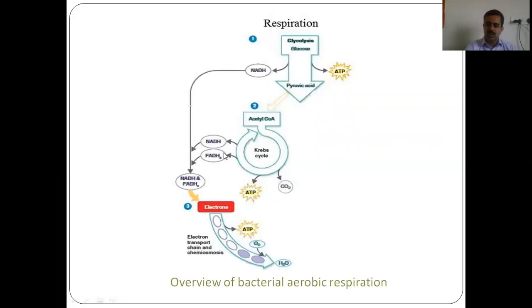High energy compounds like NADH and FADH2 are generated, and these are funneled into the electron transport chain, wherein again there will be generation of ATP, oxygen will be there, and ultimately water molecules are released in this reaction. So the overview of bacterial aerobic respiration is that it is a process in which there will be generation of ATP molecules with the help of oxygen. See here, the terminal oxygen acceptor is there, and therefore water molecules are generated.